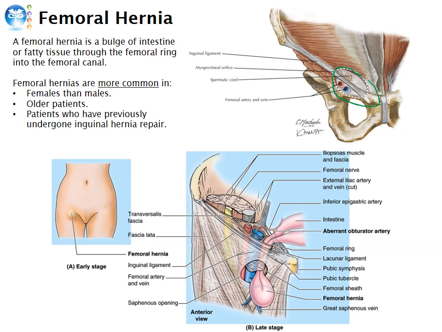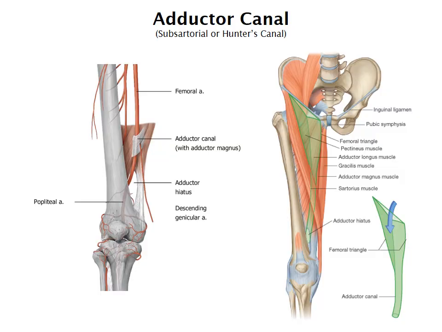In this illustration, the herniation is even protruding from the saphenous opening. While femoral hernias tend to be rare in general, they do occur and are more common in females, older patients, and those who have already had an inguinal hernia repair.